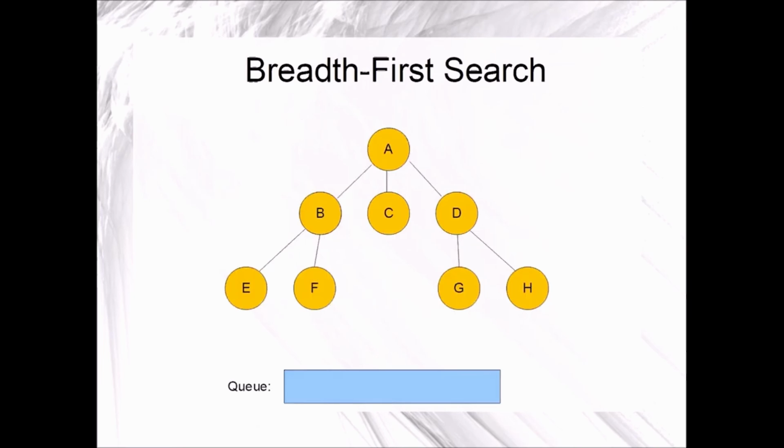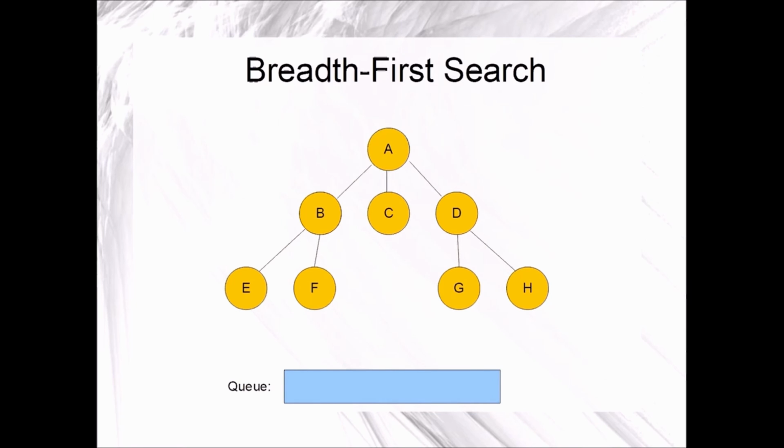Let's take a look at the algorithm in action. Here we have a tree-like graph with vertices A through H. Initially, they are colored orange to indicate that all of the vertices are unmarked. At the bottom of the image you see there is a blue shaded region labeled Q. This is where we will keep track of the vertices entering and exiting the queue.